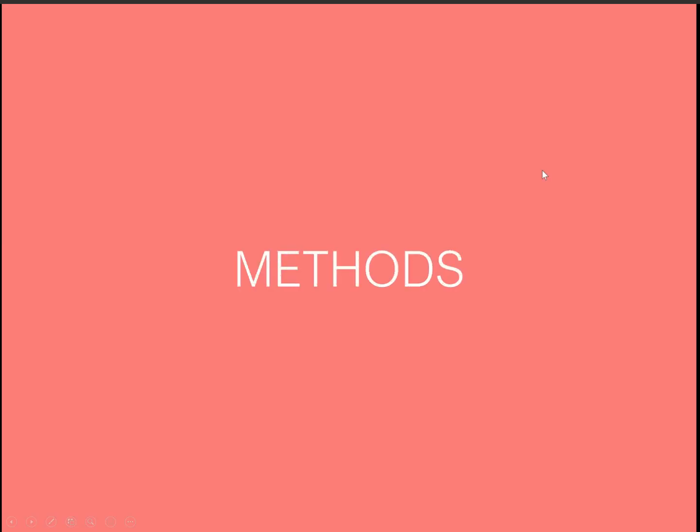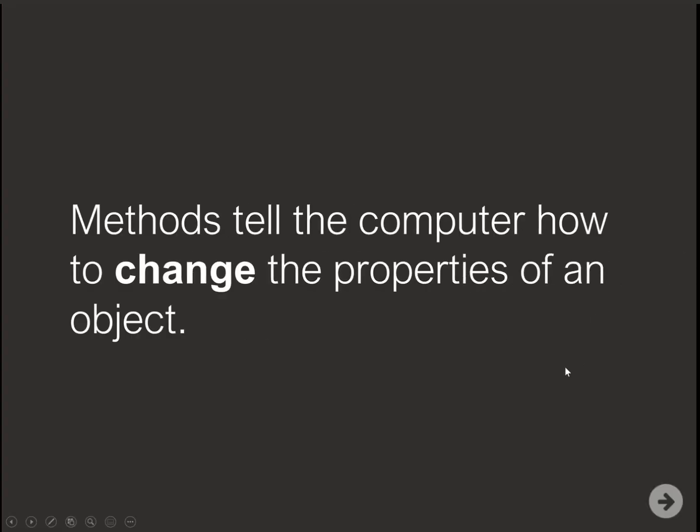Okay, so that's the methods. Methods tell the computer how to change the properties of an object. So we mentioned that you can only change the property values. For example, the hotels, how many rooms are available, how many rooms are occupied, and the car, what's the current speed of the car. So this is what we can do.